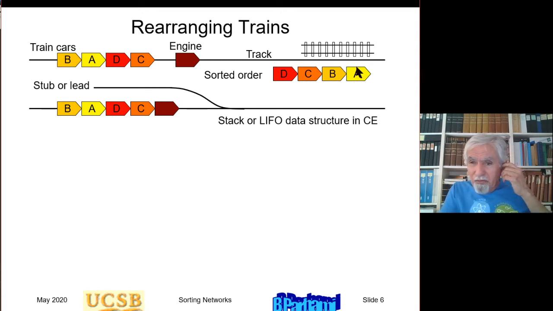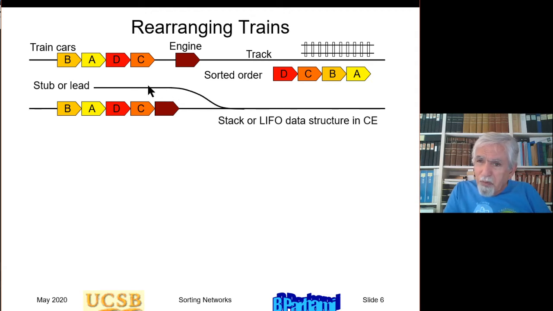Although it takes a lot of doing, a lot of pulling forward, pushing back, and so on, it's doable. Now this stub or lead is a stack in computer science and engineering terminology, or last in, first out, because the last car to go into the stub is always the first car to be pulled out.